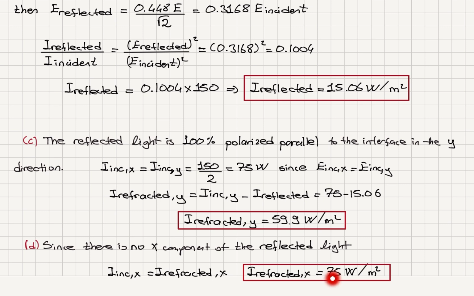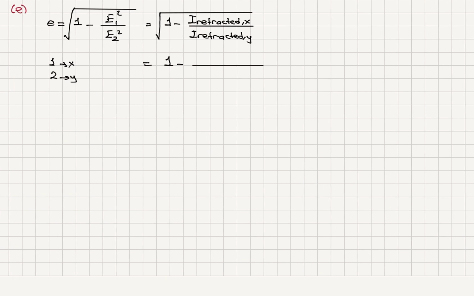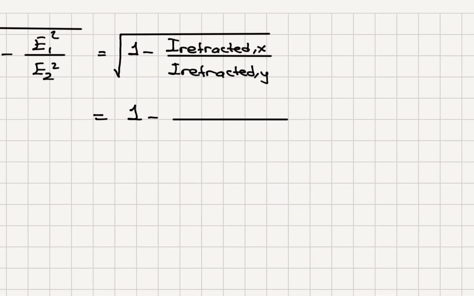So if I take 75 over 59.9, this will be greater than 1. So this would be an imaginary number. So it must be that we are referring to I refracted y over I refracted x here to get a real answer. So this means this is going to be 59.9 watts divided by 75 watts in order to get a positive real answer for the eccentricity.